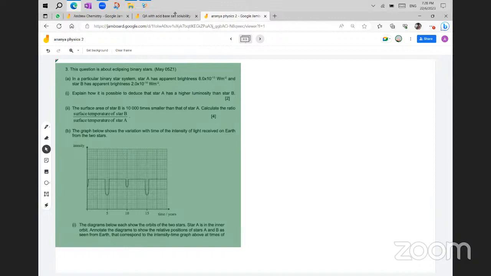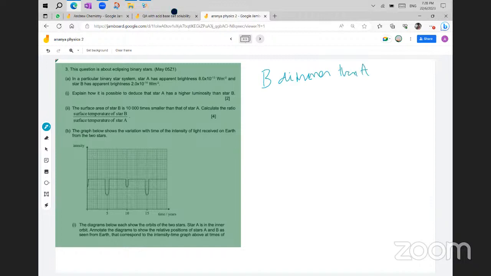Okay, brighter in our eyes. Remember, that's our experience. That's why I say apparent brightness. How come they don't just give you luminosity? Because you cannot go to the star and measure one. We can only measure what we experience. So currently B is dimmer than A, right?